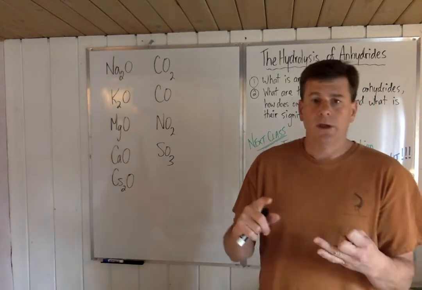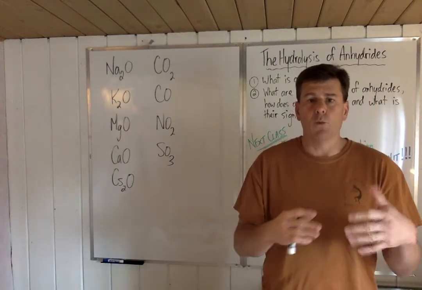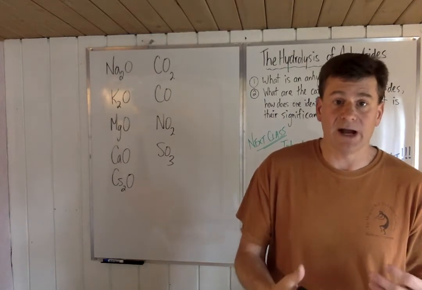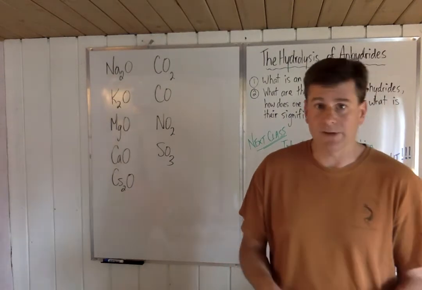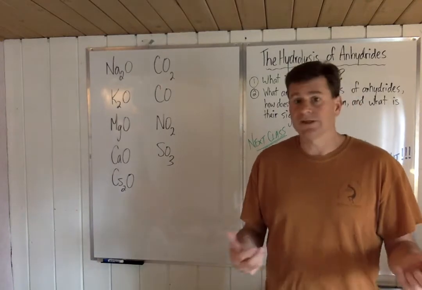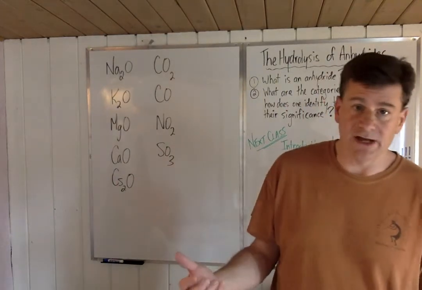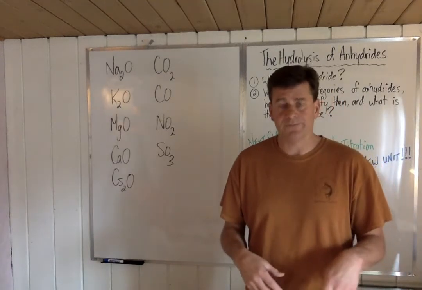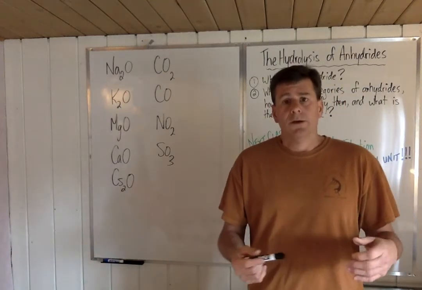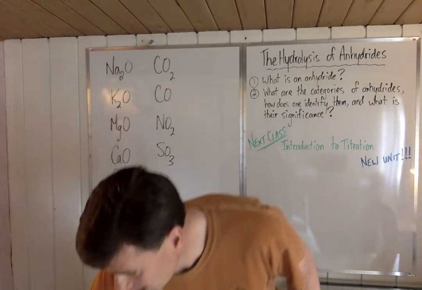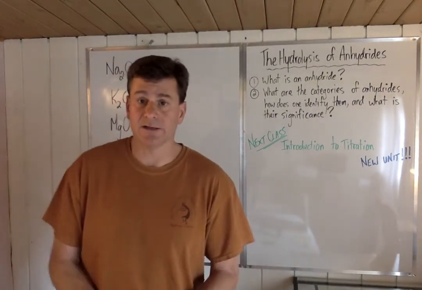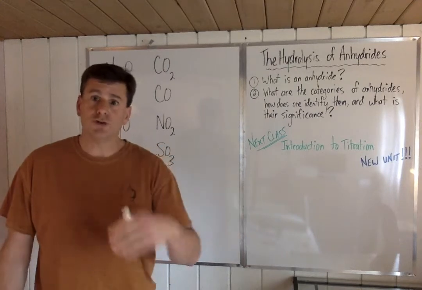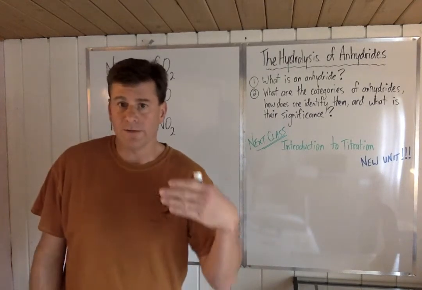Okay, so they're binary, but one of the two elements in that binary compound will be oxygen. Okay, so if I had sodium chloride, that's not an anhydride, from our Chem 12 perspective. Okay, so that's kind of the what are they and identifying what they are. Of course, you should also have an understanding of where they can come from.